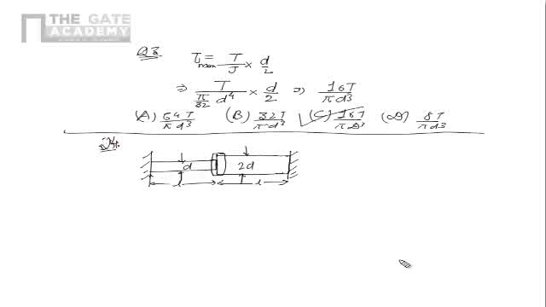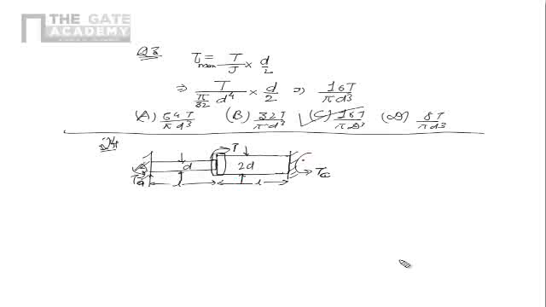Now in this case, a twisting moment T is applied to the coupling, which means there is a twisting moment T here, and TA and TC are the reaction torques at the two ends.